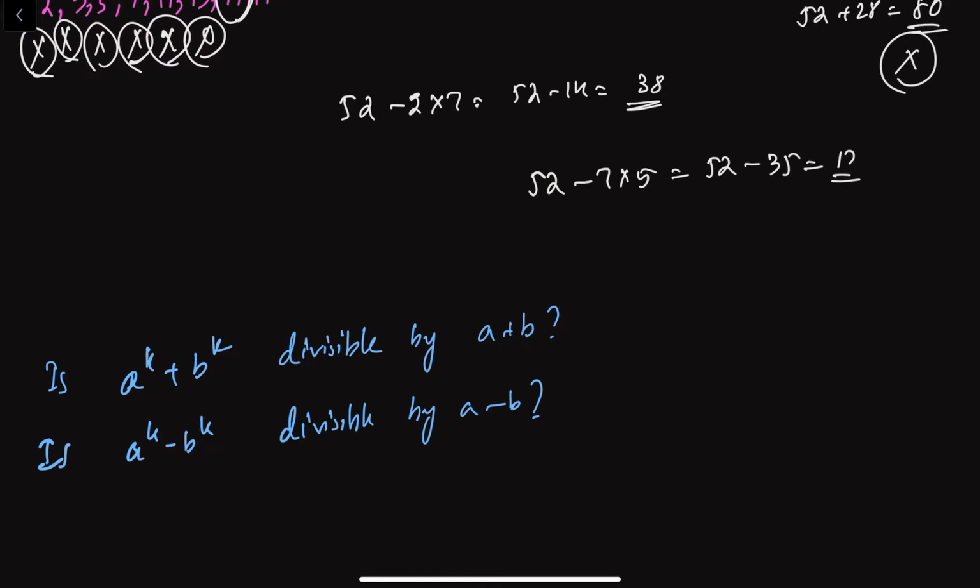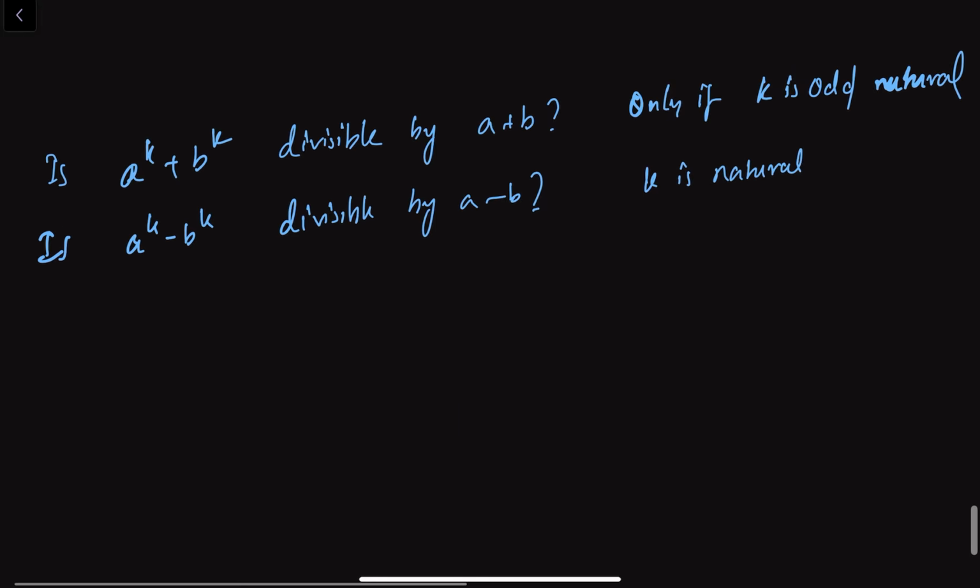The answer for the first one is not every time, because a to the power k plus b to the power k is divisible by a plus b only if k is odd, whereas a to the power k minus b to the power k is always divisible by a minus b provided k is any natural number.